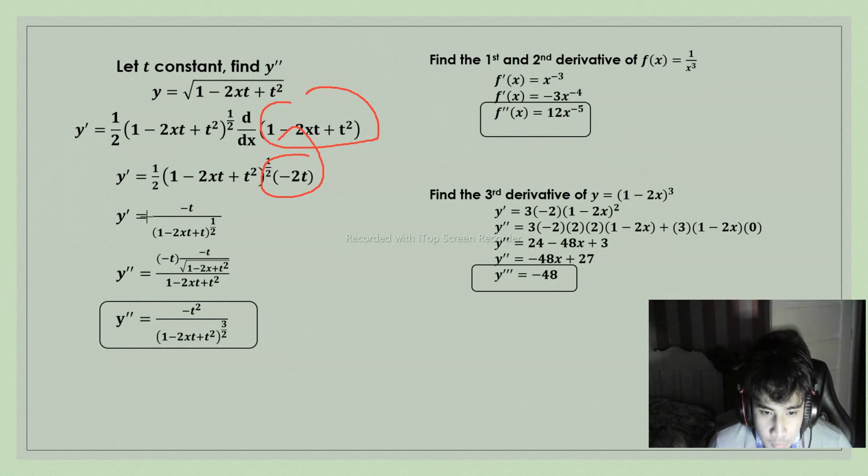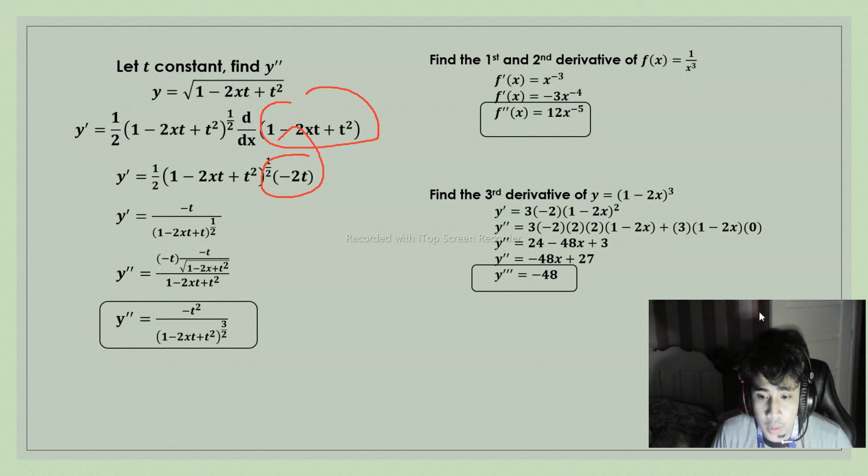Tapos, pwede na natin siyang ibaba ulit. I-multiply natin itong ano. Yung t lang ang matitira kasi 1/2 siya. So, our next step will be negative t over quantity 1 minus 2xt plus t squared raised to 1/2.